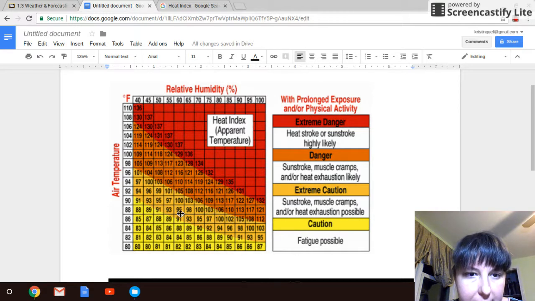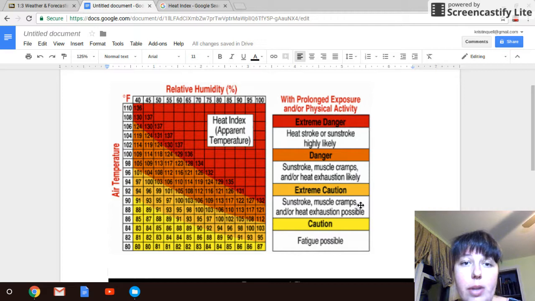So here's my 60, there's my 88, which means that the heat index out today is 95 degrees. And if I compare that to my little caution risks, it says that my caution risk would be extreme caution. Prolonged exposure can lead to sunstroke, muscle cramp, and or heat exhaustion is possible.